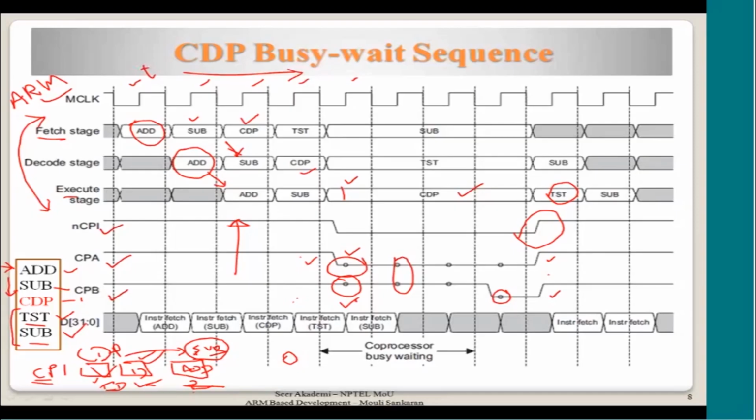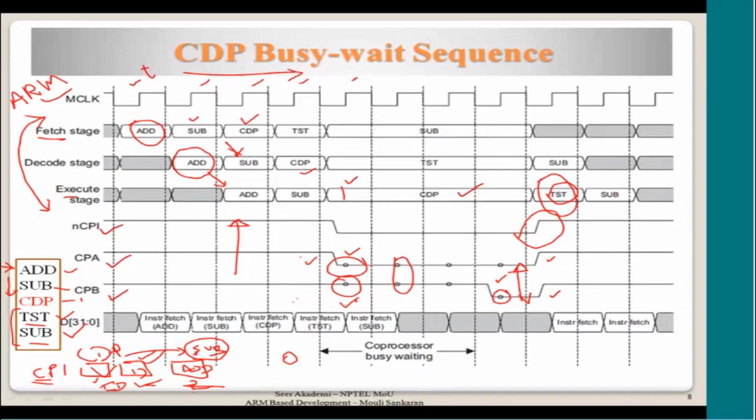That means when the next instruction comes, it can make it low or it can continue to be low. Okay, if suppose the next coprocessor instruction is there, then based on the ID, one of the coprocessors may drive the signal. But at this moment, this coprocessor which has accepted the instruction has made it high, because it should not continue to keep it low. Once it has accepted it, it should immediately bring it up, because the ARM should not interpret the next instruction as accepted.